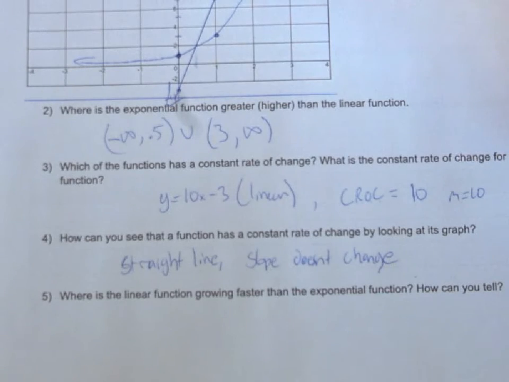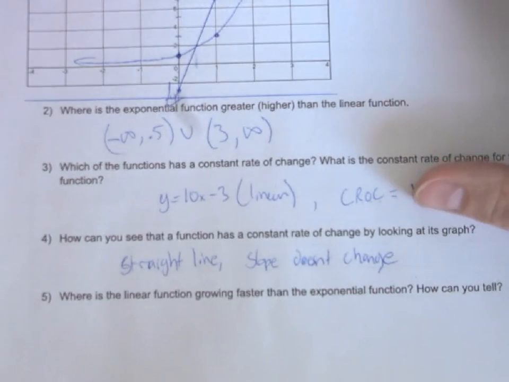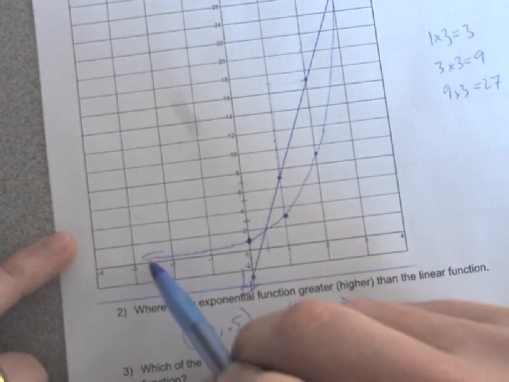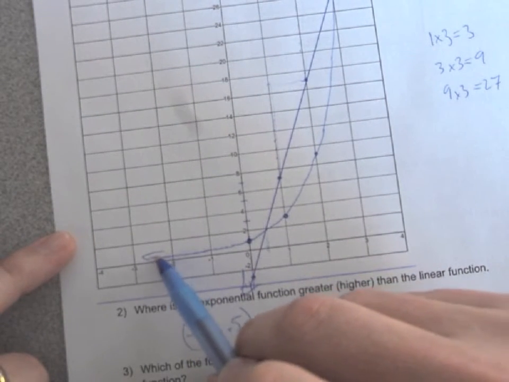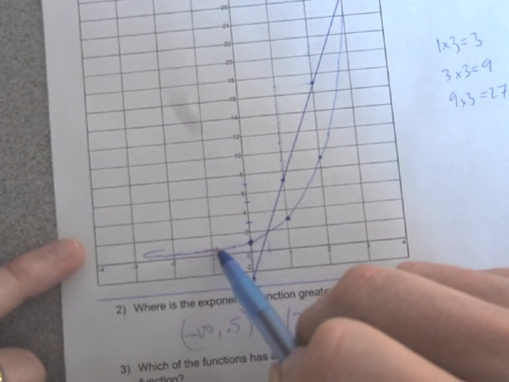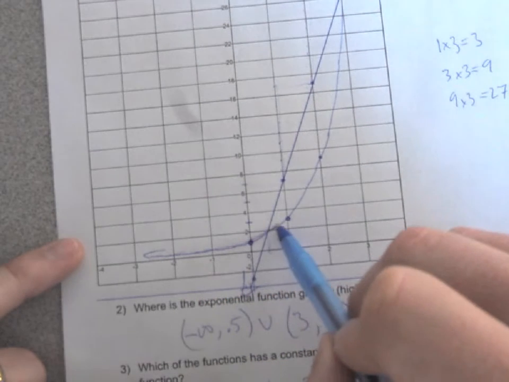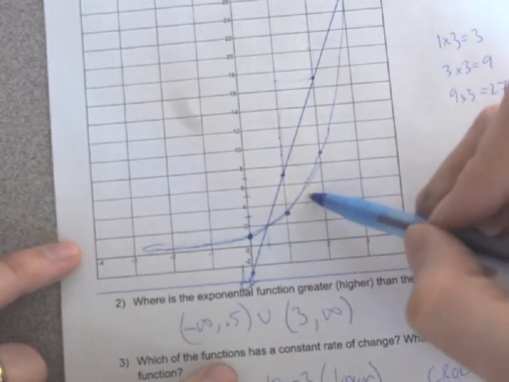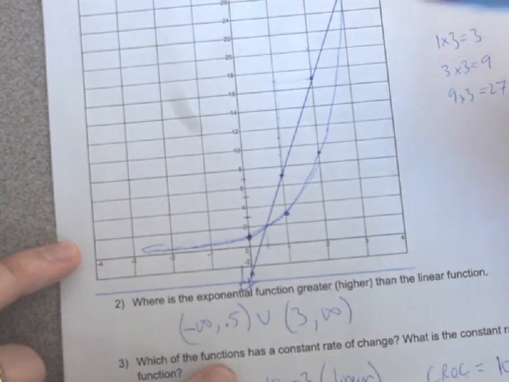Where is the linear function growing faster than the exponential function? And this has to do with how steep they are. So right now, this is really shallow. It's not very steep. This just gets started really slowly. And then as it gets steeper, that means it's growing faster and faster and faster. So where does it start to get steeper than the line?